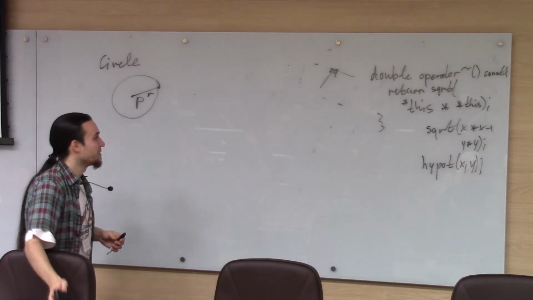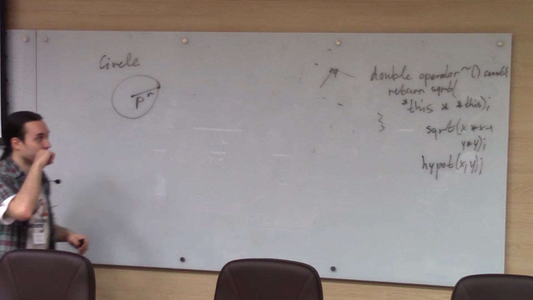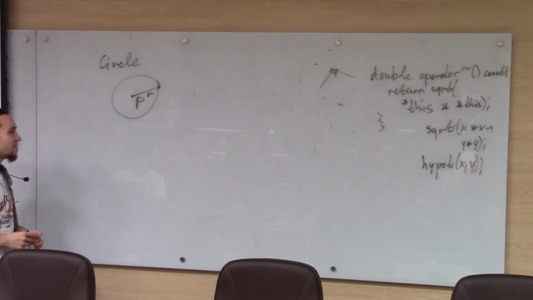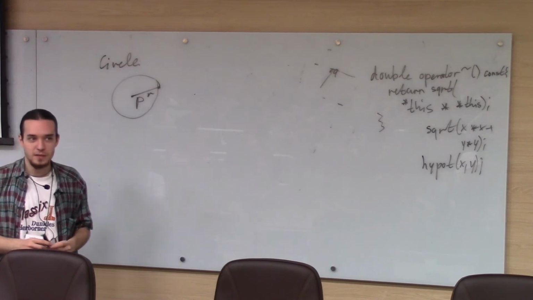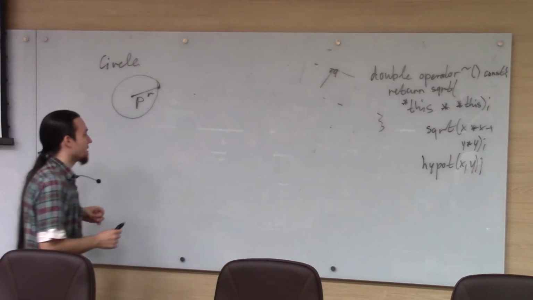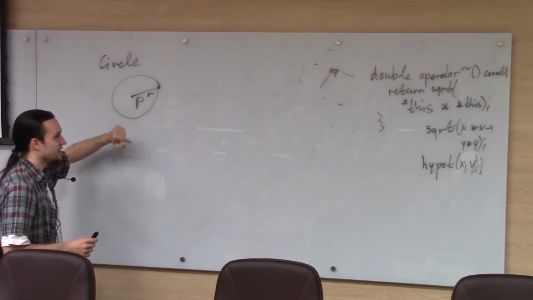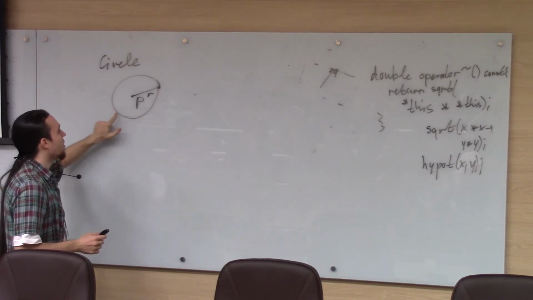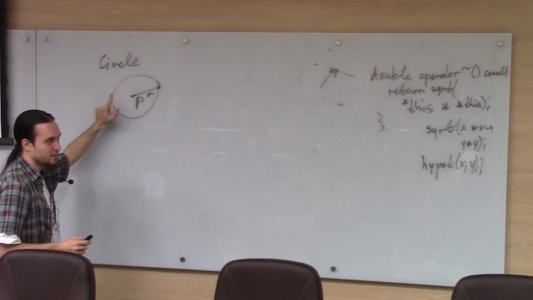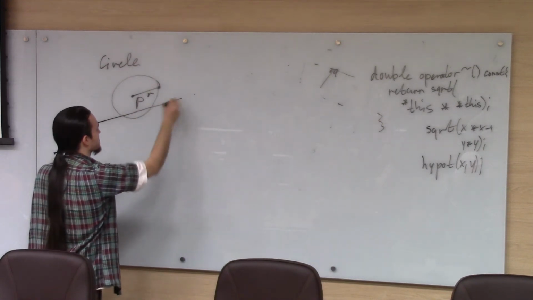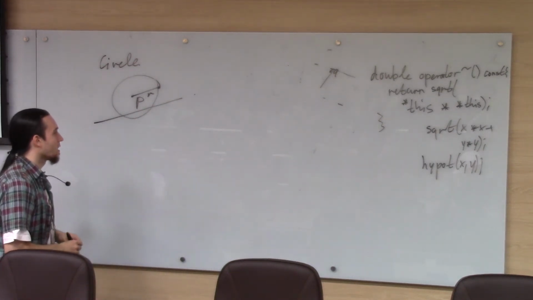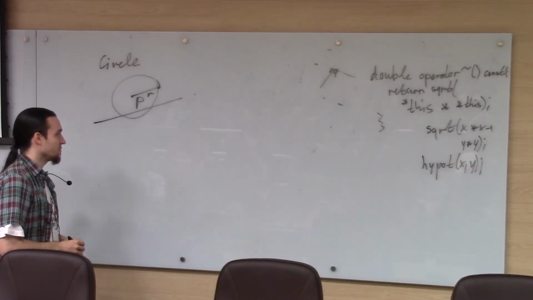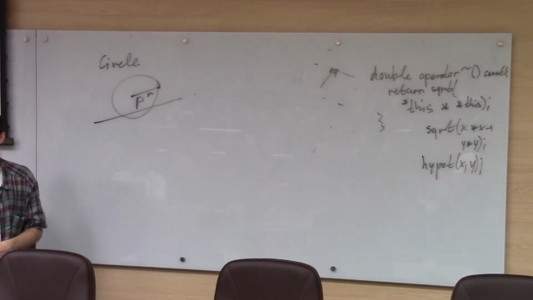Just because it's shorter. So what are the problems about the circle that you can try and solve? There are quite a lot of them. For example, you can try and find points of intersection of the circle and a line, which is given, for example, by an equation. How do you solve that? You can go with an algebraic way.